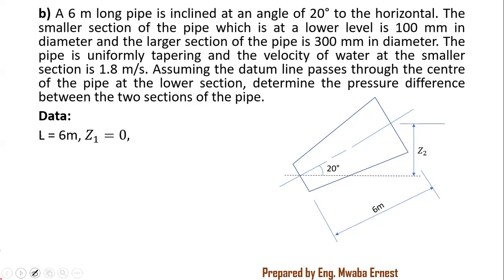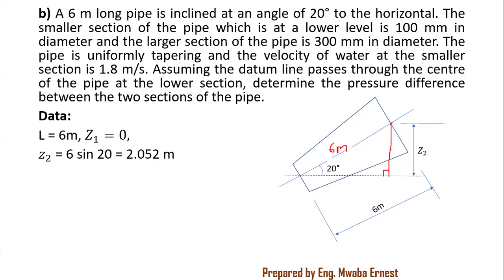Then next, Z2. To find Z2, we make almost like a right angle triangle, dropping down from there, and this is the Z2 we're looking at. Along the length here, this is 6 meters.